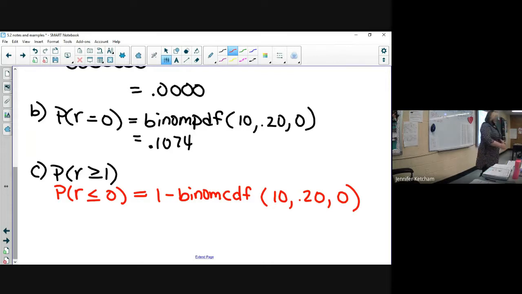So throw that in your calculator and find me that value. Everybody should be doing it on the calculator, and if you don't know how, find a friend who shows you.